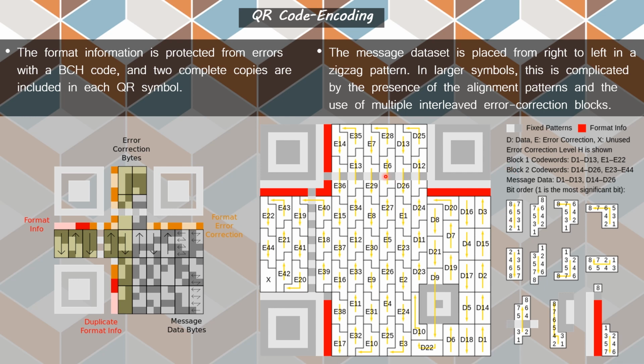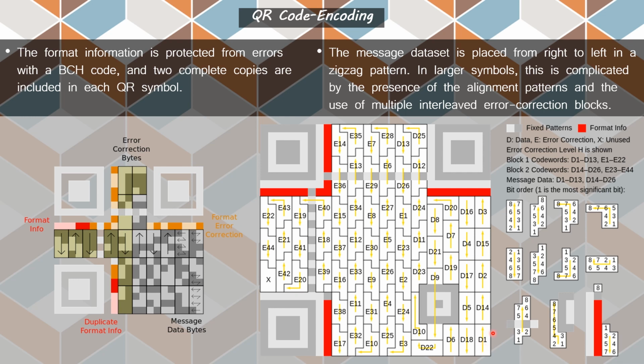As you can see here in this QR code, we have 2 code blocks, block 1 and block 2, and these code blocks contain data code words and error correction code words. They contain both. Block 1 contains data code words from D1 to D13, and block 2 contains data code words from D14 to D26.